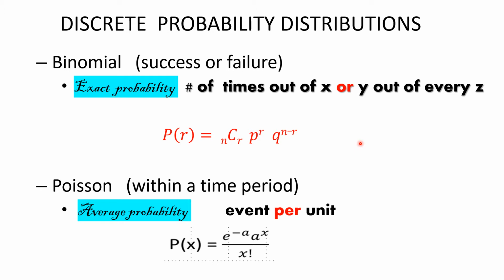The second one is Poisson, usually associated with a time period. When you read a question in an exam and it's about discrete probability distributions, if you see the word average, then it means Poisson. So you are looking for average probability, right? And it's about an event per unit.